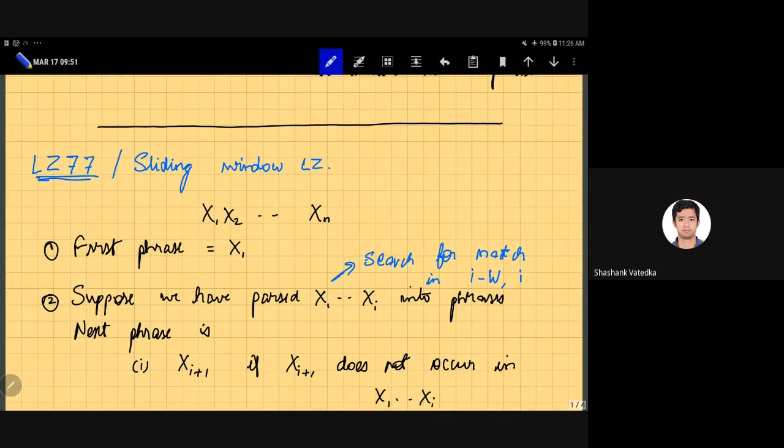So it's as though you're taking the entire sequence and moving a window from left to right as you keep going on and on, and searching for a match only within this window. That is why it is sometimes called the sliding window Lempel-Ziv algorithm.